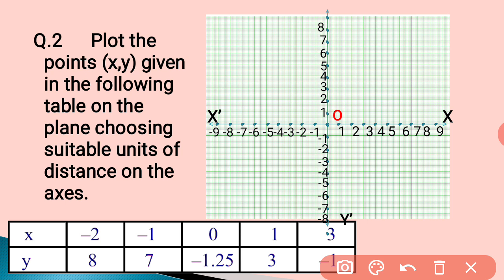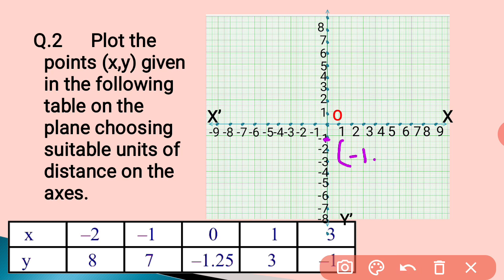So it is -1.2. So this is -1 and -2. So the number will lie between them. And it is -1.2 the first decimal place, so it will lie somewhere here. So the point is -1.25, 0.